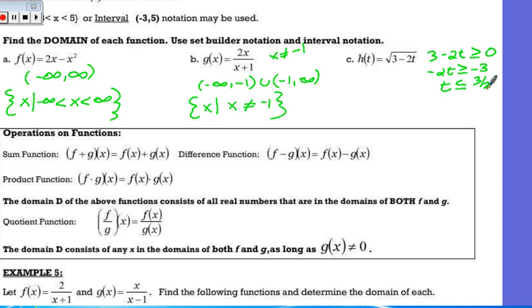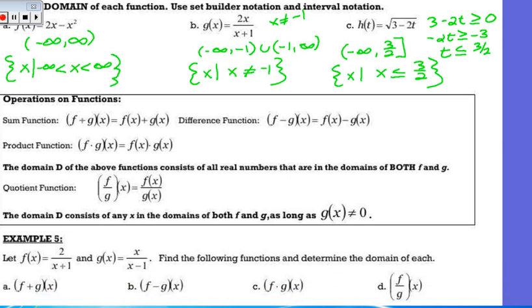So long as t is less than or equal to 3/2, this will remain positive in here. So an interval going from negative infinity to 3/2 with a hard bracket, we are allowed to include the 3/2. Or, as far as set notation goes, it's going to be t where t is less than or equal to 3/2.